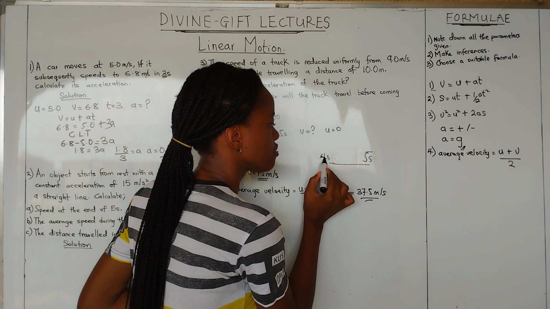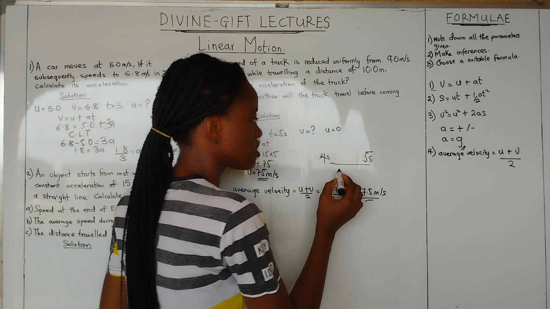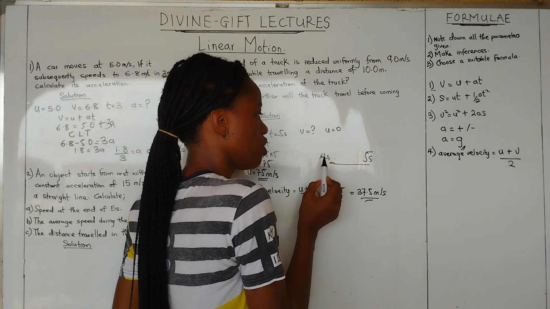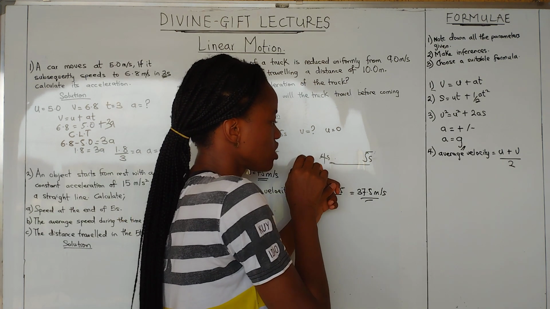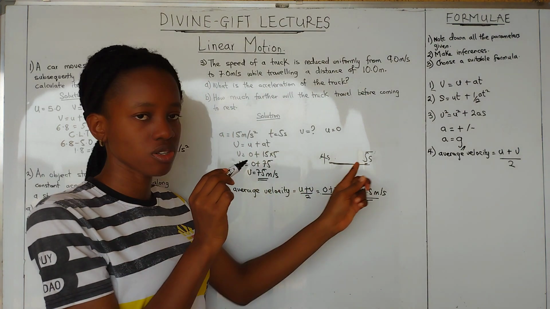Between when it was 4 seconds and when it was 5 seconds. So this is the distance they are asking for. They are not asking for after 5 seconds, no. They are asking for example, when you put your clock on, you see it reaches 4 seconds, then just calculate the distance you traveled in between what? 4 seconds and 5 seconds.